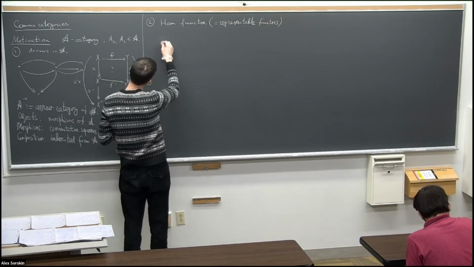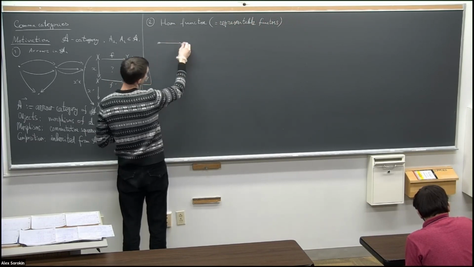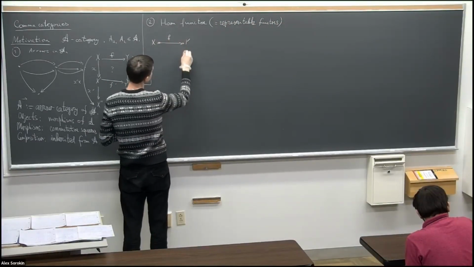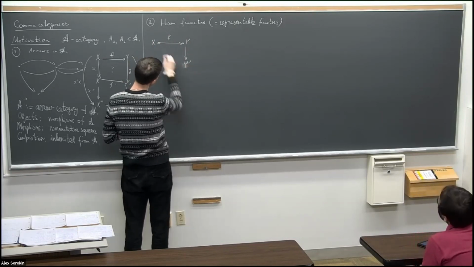They are taking a morphism, for instance from X to Y, a morphism from Y to Y prime.